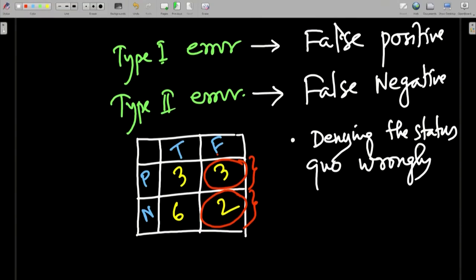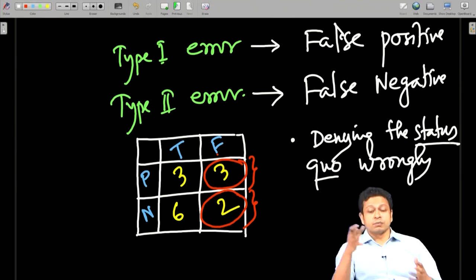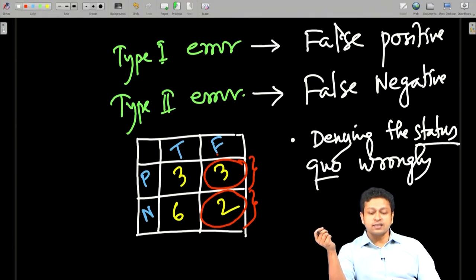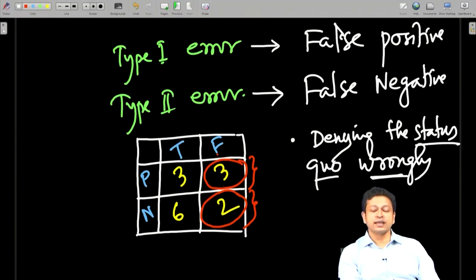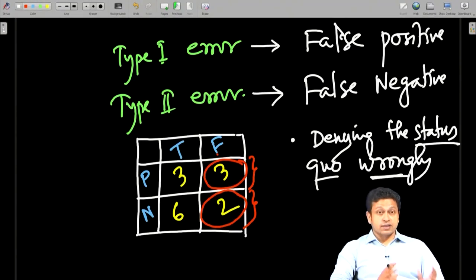So, basically the status quo is I am negative, I am as I was, but the test is saying that I have COVID, and that is why it is wrongly denying the status quo. And when we talked about the null hypothesis and alternative hypothesis, we know that we want to maintain the status quo, right? So, that is why type 1 error is not good, we want to reduce it.